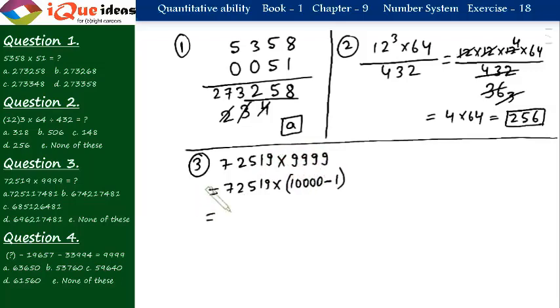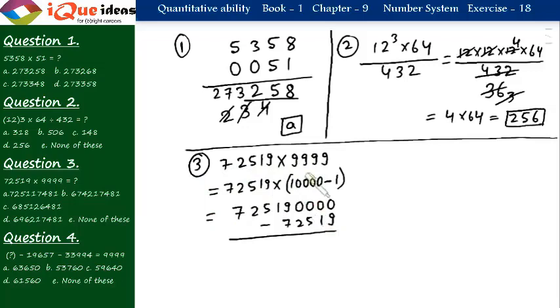So it becomes 725190000 minus 72519. Alright, so 72519 into 10,000 and 72519 into 1, right, and subtract.